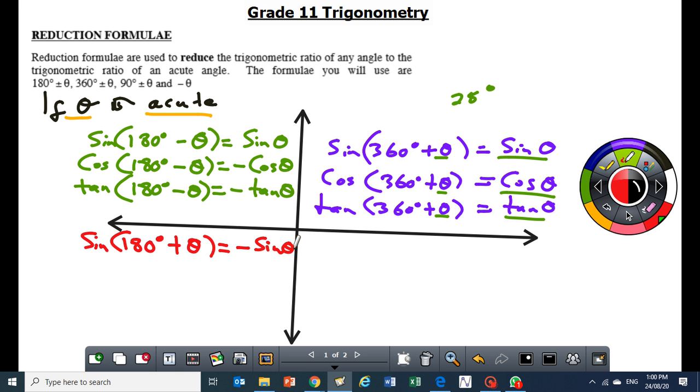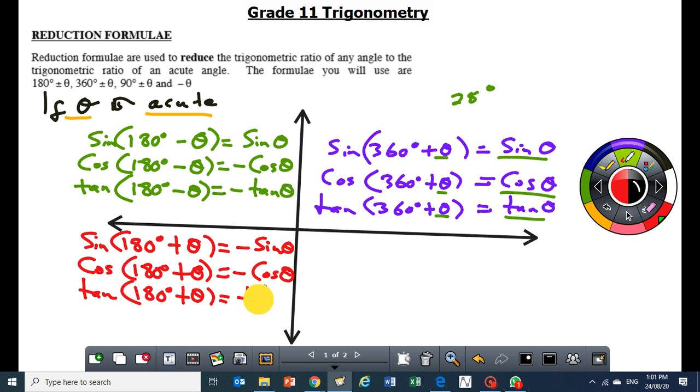And this is true when theta is acute. Then cosine of 180 degrees plus theta will be equal to minus cosine of theta, because cos is negative in the third quadrant. And then tan of 180 degrees plus theta is equivalent to tan theta, because tan is positive in the third quadrant.